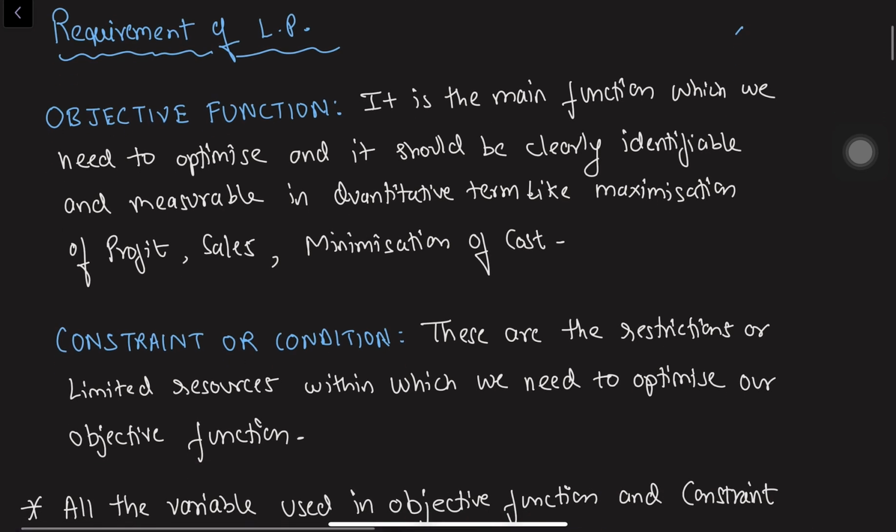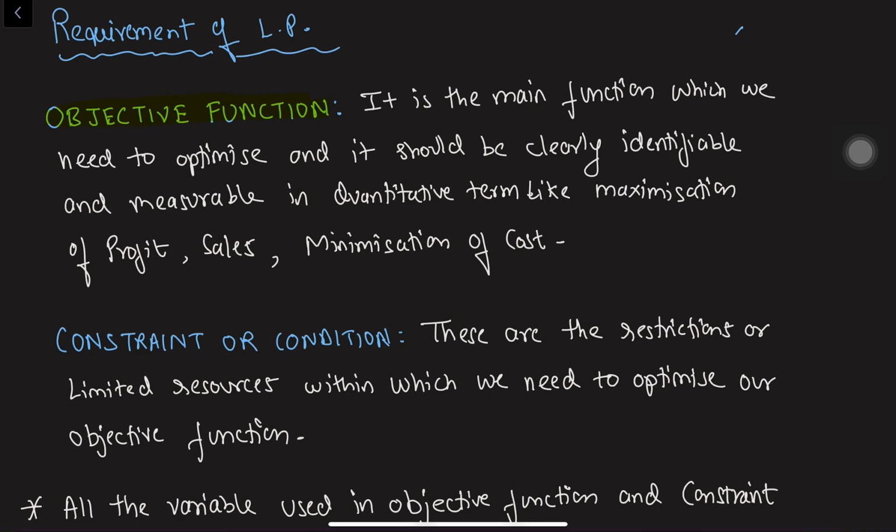In linear programming, we have one objective function, and it is the main function which we need to optimize, and it should be clearly identifiable and measurable in quantitative terms, like maximization of profit or sales, or minimization of cost.